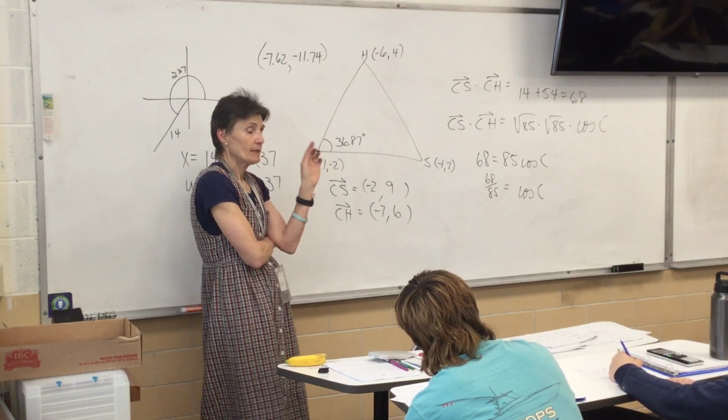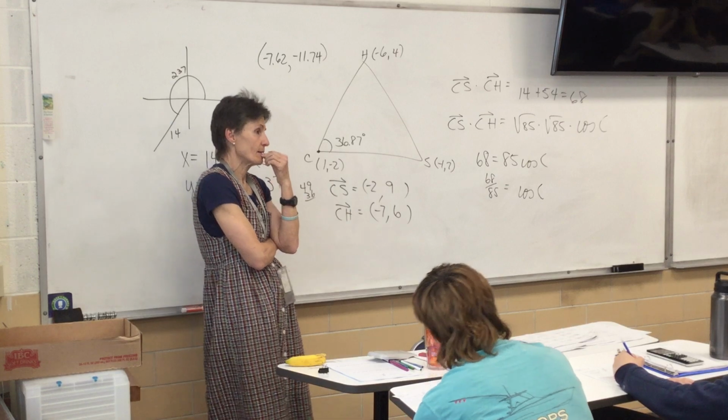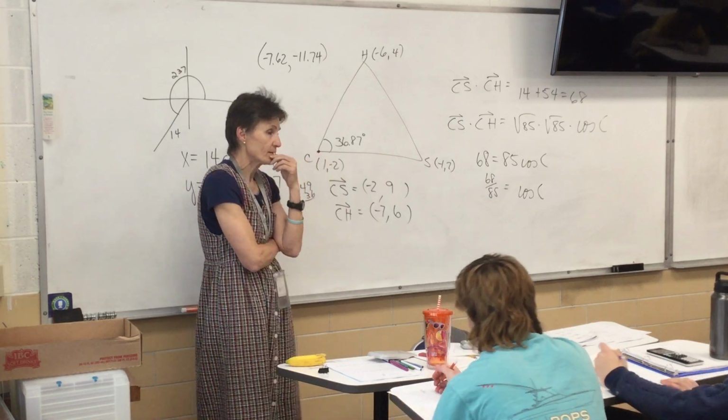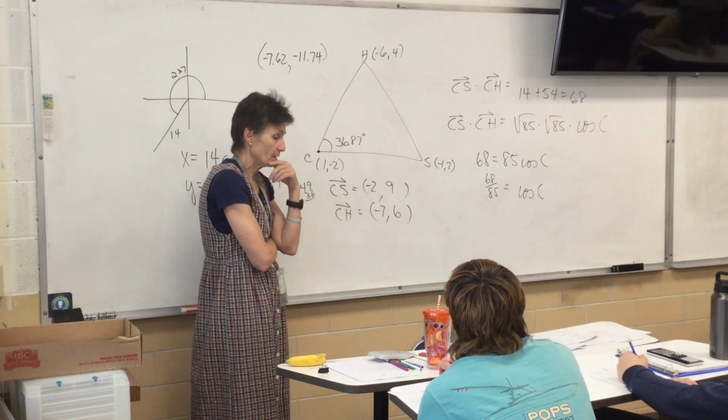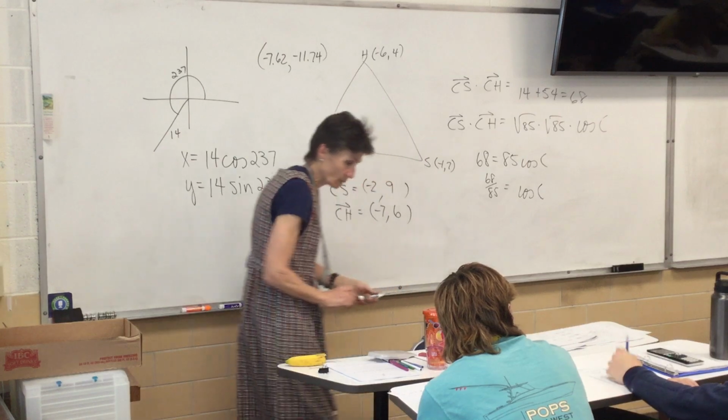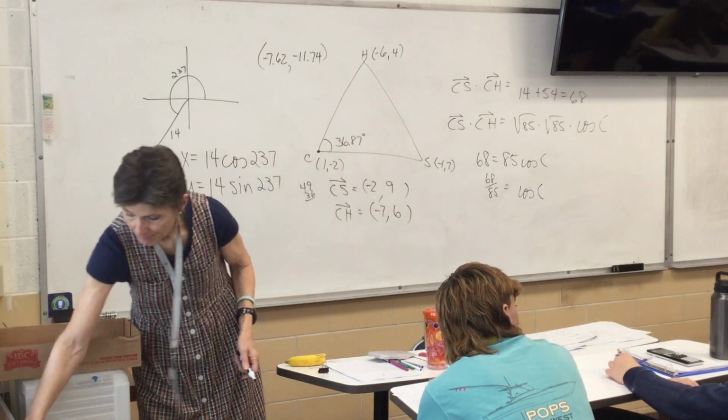So again, it will absolutely work with the law of cosines. It will also work using the dot product. Whatever you feel is handiest for you. All right, any question about that?